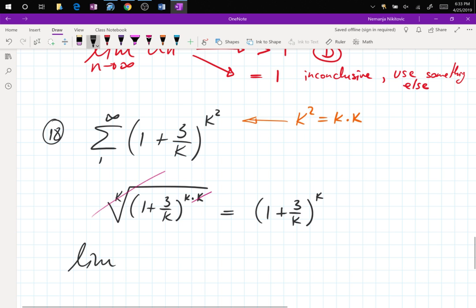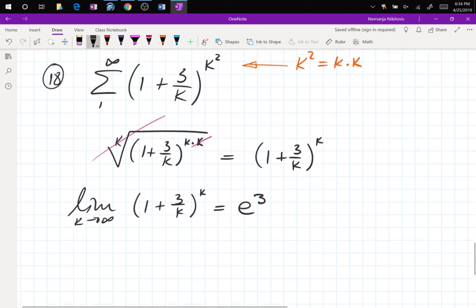Now you take the limit as k goes to infinity of 1 plus 3 over k to the k. And for those of you who know the definition of e, this is immediately e cubed. Otherwise, you have to do L'Hopital's rule with ln on both sides, and otherwise it's going to be a page of work to get it.